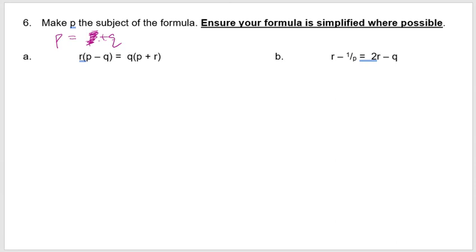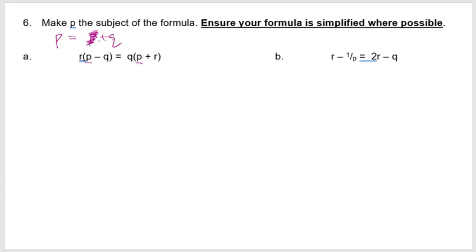So in this first formula, find where your subject is located. Well, it's located in 2 places, both within brackets, so we need to remove it from those brackets. If it's not within brackets, it's not actually necessary most of the time to expand the brackets. But in this case, we're going to have to expand to get them out of the brackets. Not only am I going to expand, I'm actually going to make sure that my terms are written with the letters in alphabetical order.